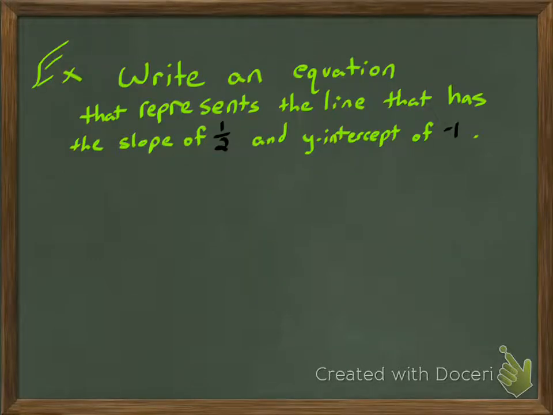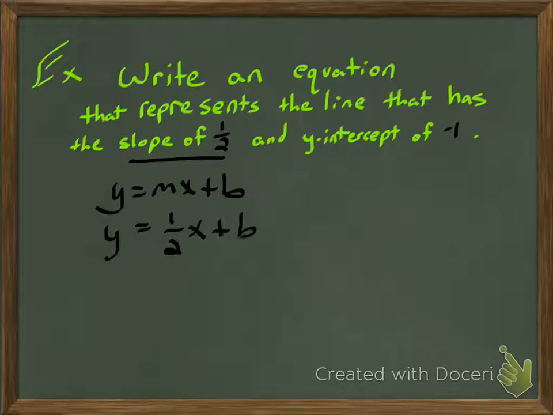Alright, now we're going to use that equation to write an equation that represents a line that has a slope of 1/2 and the y-intercept of -1. So, first of all, I'm going to write y equals mx plus b, because that's the equation I'm going to use. Now, what's my slope? My slope is 1/2. So when I rewrite this, I'm going to put a 1/2 for m, x plus b.